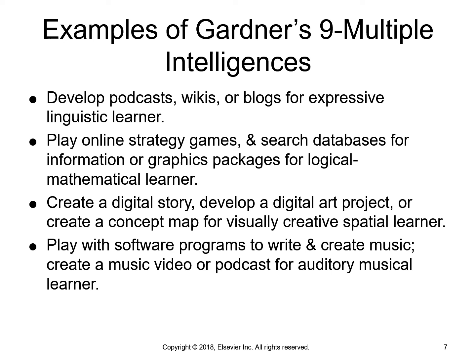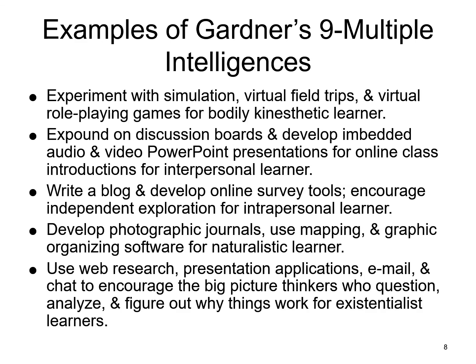Gardner did determine that while everyone uses all 9 of these intelligences with some degree of competence, 1 or 2 of the intelligences are more dominant in each individual. The learner will use various multiple intelligences to help decipher and gain the knowledge necessary for learning in today's higher educational world.